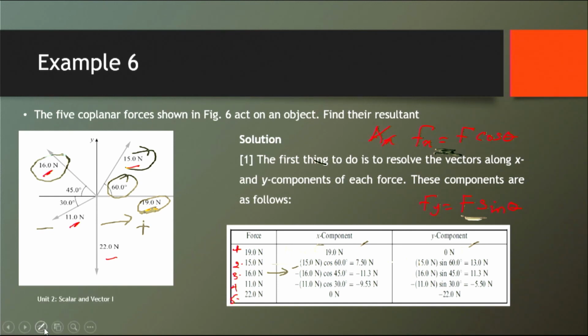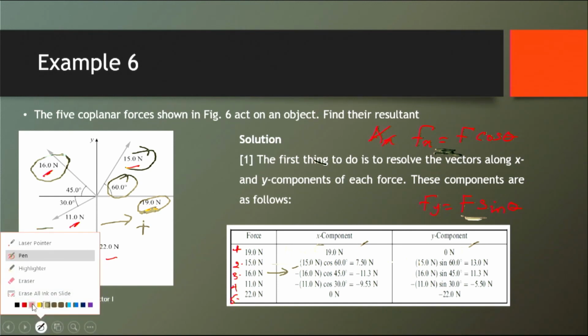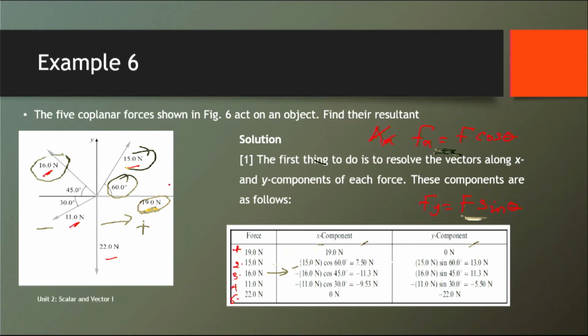Suppose this is 0: anything to the right of 0 on the x-axis is positive and anything to the left of 0 is negative. However, for our y-axis, anything at the top of 0 is positive and anything below 0 is negative.